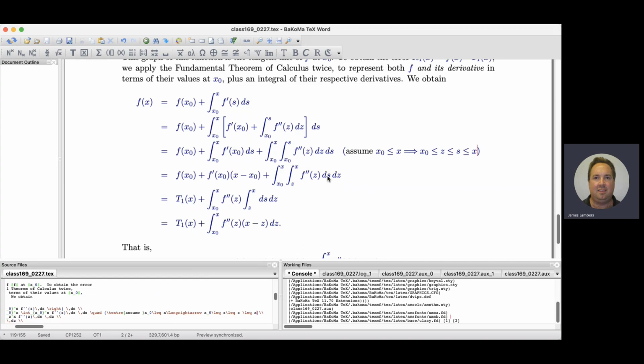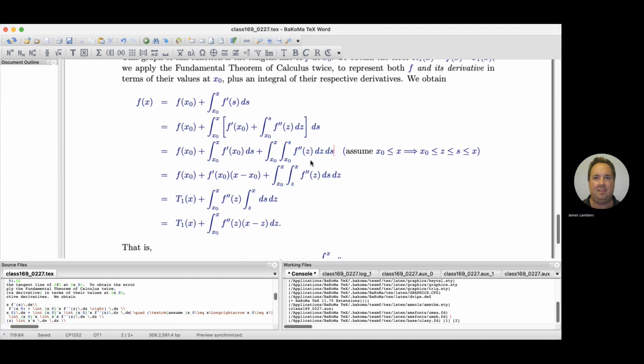So that's why in the inner integral, s has lower limit z and upper limit x. And then z has lower limit x naught and upper limit x. So that's why this integral with these modified limits and the changed order of integration is equivalent to this one.